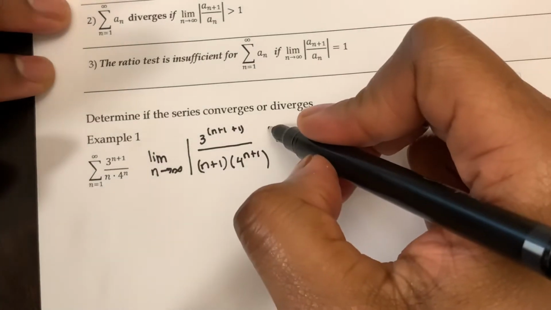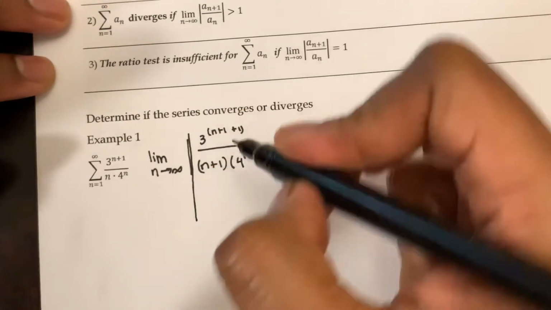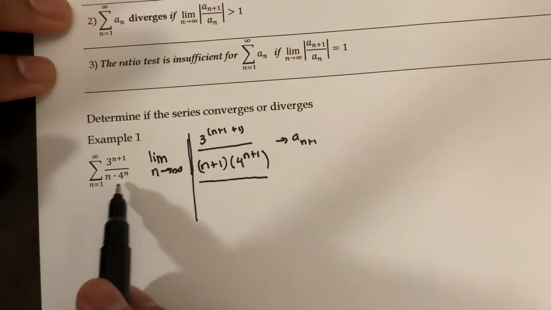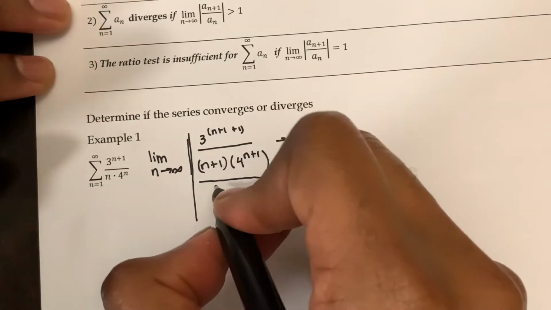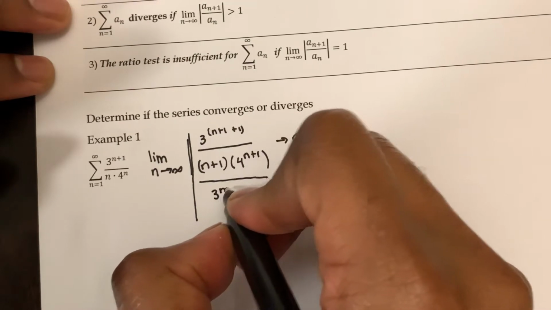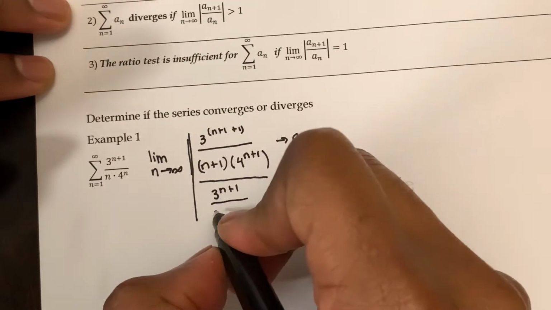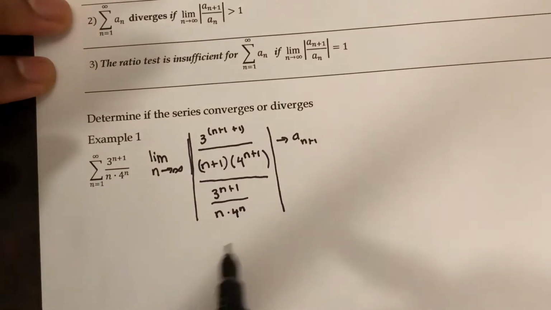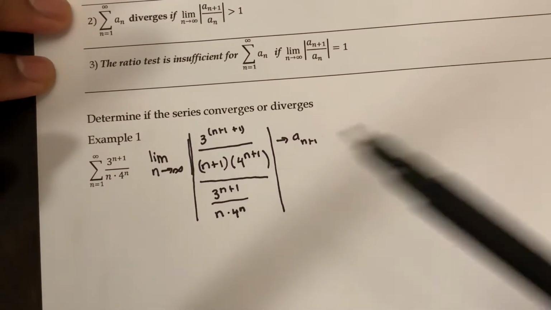And so we're going to divide that by the nth term, which is always going to be the series that you start with. So we're dividing by 3 to the n plus 1 over n times 4 to the n power. So most of the time you can kind of skip this step.